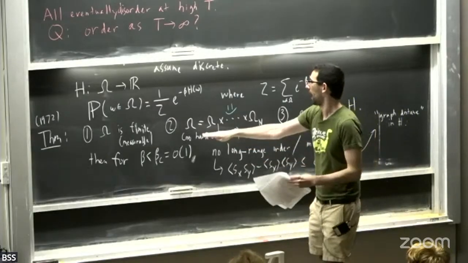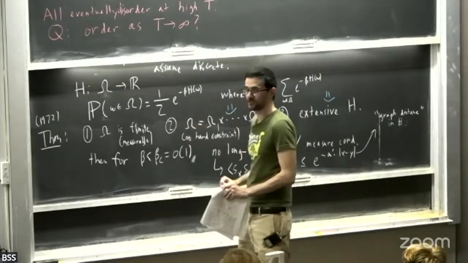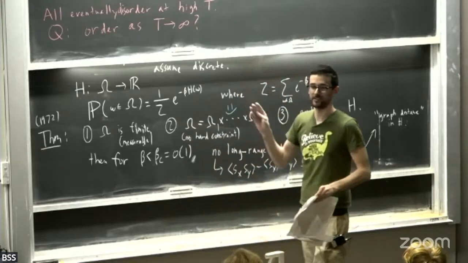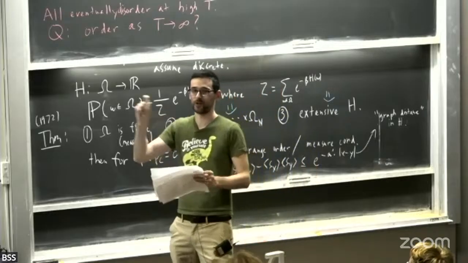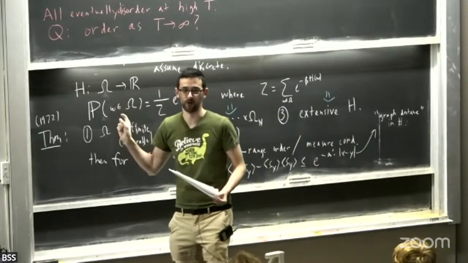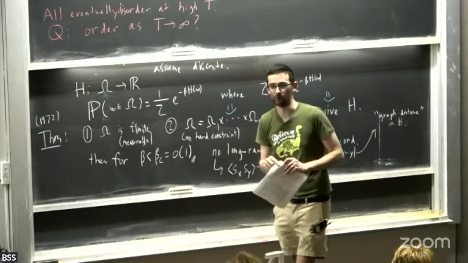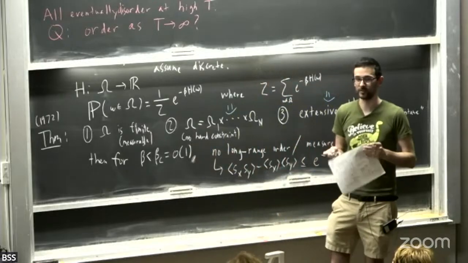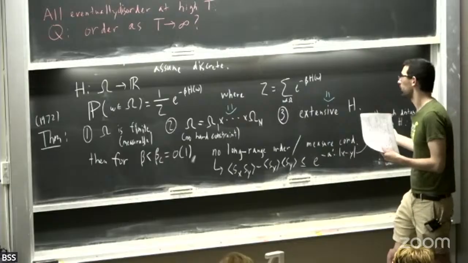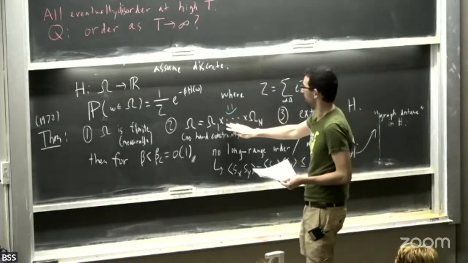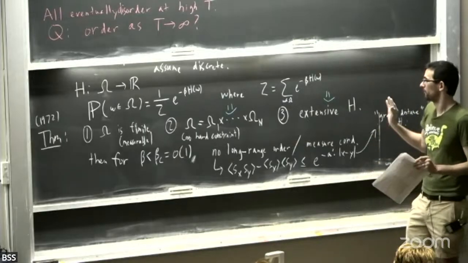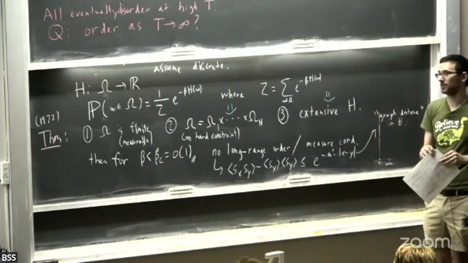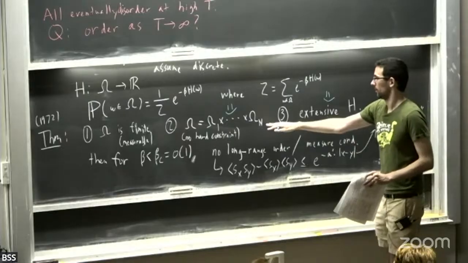Because it seems like if I lose these, maybe I'm not really doing physics anymore. For example, I could give you a configuration space that only consists of all the states in the Ising model that have magnetization between -1 and -1/2 and 1/2 and 1. And this model, you could say, orders at any temperature, but it's for a trivial reason, right? So you might worry, and people could find a slightly more non-trivial example that orders, but basically to avoid that kind of objection, I want to keep both of these two.